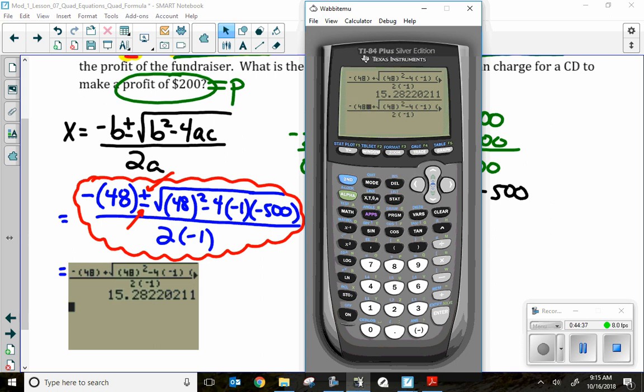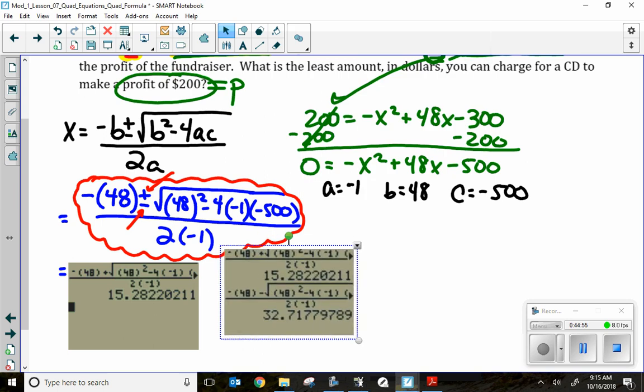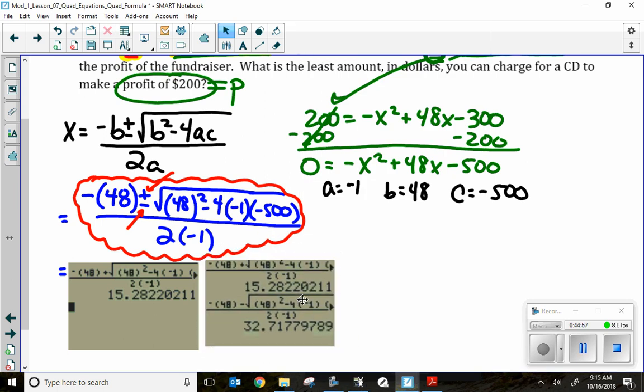I'm going to change this here. This plus is going to turn to a minus. I go here, it was a plus, bang, now it's a minus. That's all I have to do. Enter. That's my second answer. So, there are actually two amounts that I can charge to make a profit of $200.